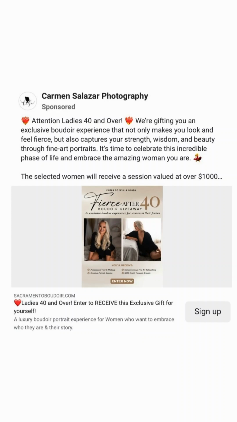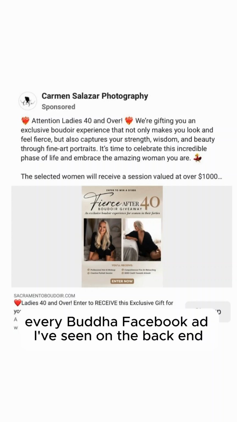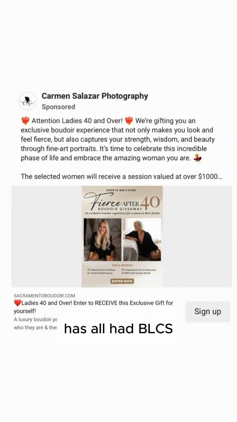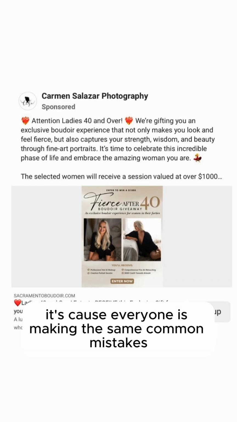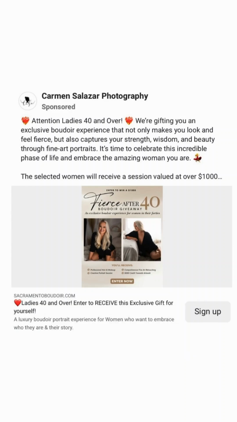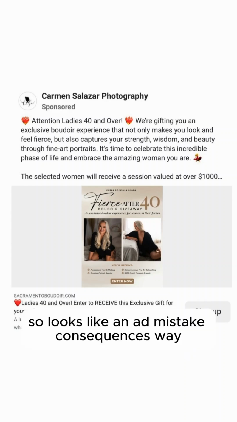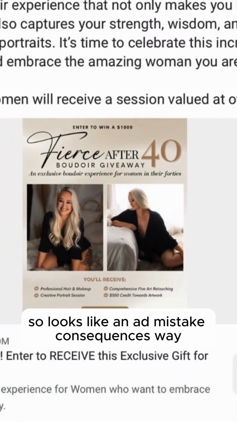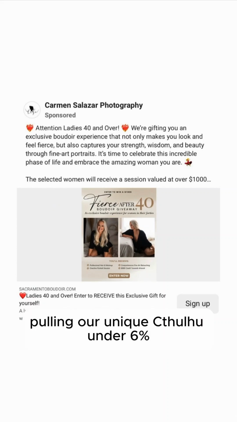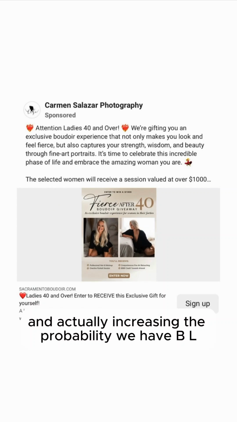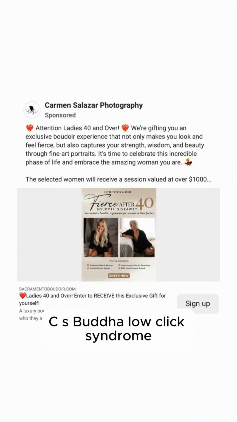Well, every Boudoir Facebook ad I've seen on the back end has all had BLCS, Boudoir low click syndrome, with a unique CTR under 6%. And it's because everyone is making these same common mistakes. So, looks like an ad mistake. Consequences: way, way, way more women scrolling by our Boudoir Facebook ads than necessary, pulling our unique CTR under 6%, and actually increasing the probability we have BLCS, Boudoir low click syndrome.